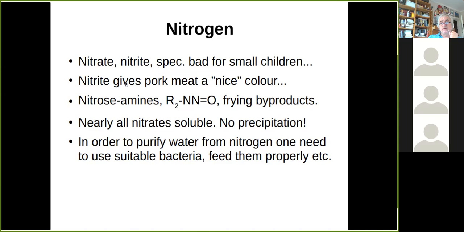It's used in food preparations because, for example, it gives pork meat a nice color, or at least some people think so. Nitrogen is a major component of many foodstuffs. So, for example, frying produces poisonous nitrogen-containing compounds, producing problems, perhaps.